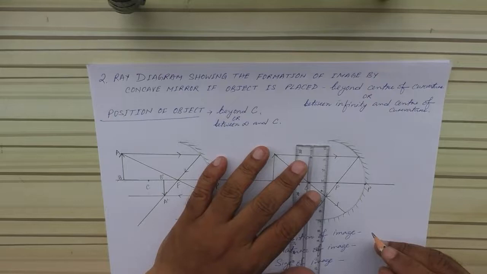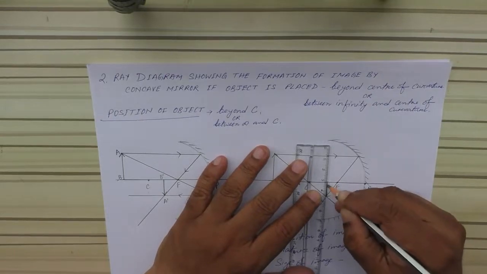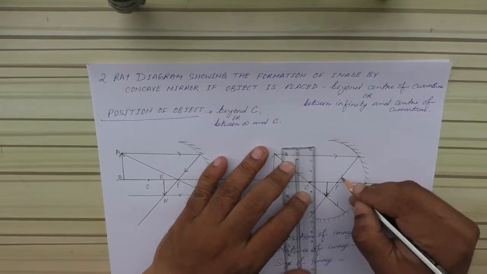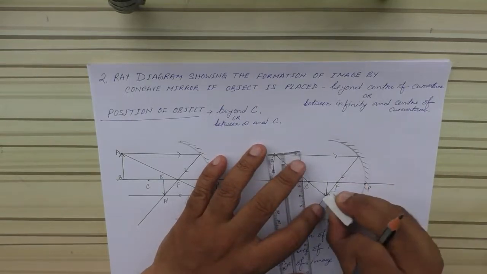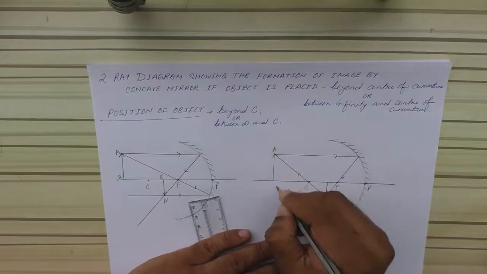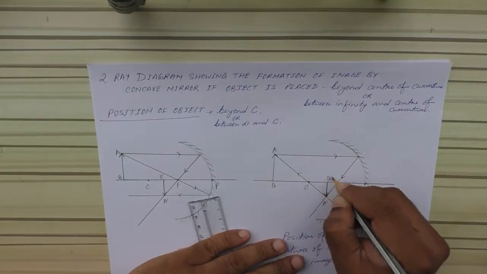So we are getting image between C and F. So if AB is the object, A dash, B dash is the image.